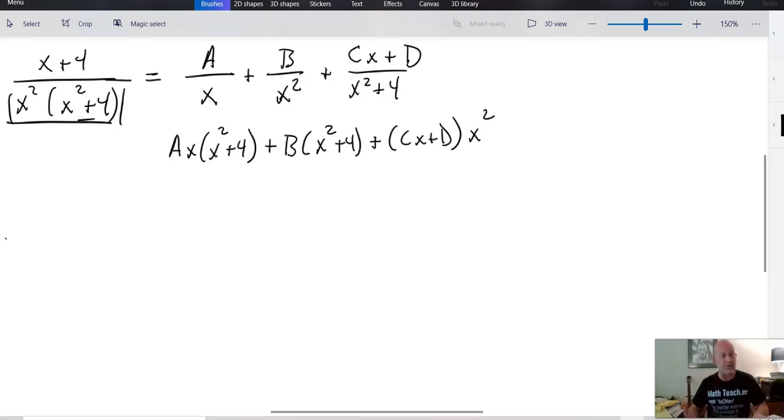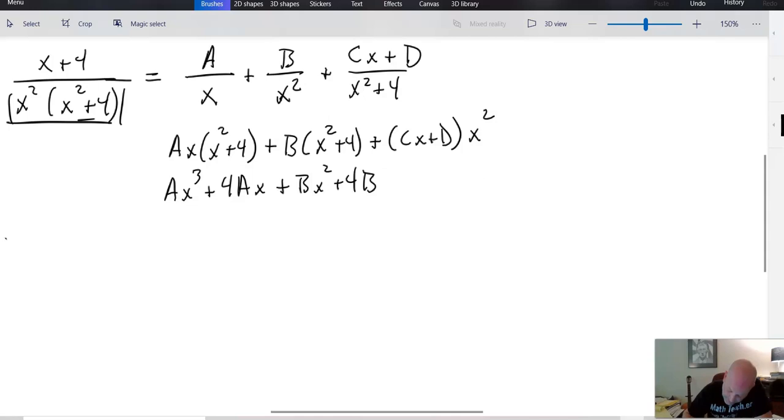Okay, so we just need to multiply all this out and collect everybody together. So distributing the ax, it gives me ax cubed plus 4ax plus bx squared plus 4b. And then plus cx cubed plus dx squared.